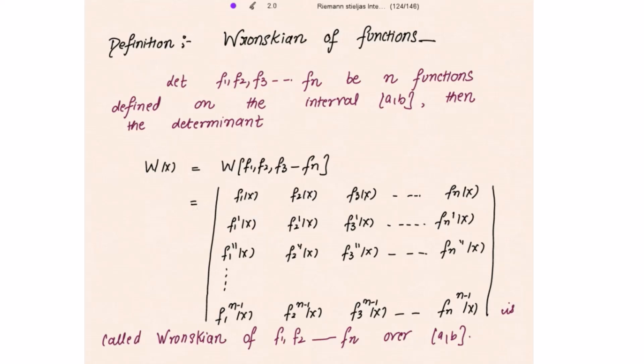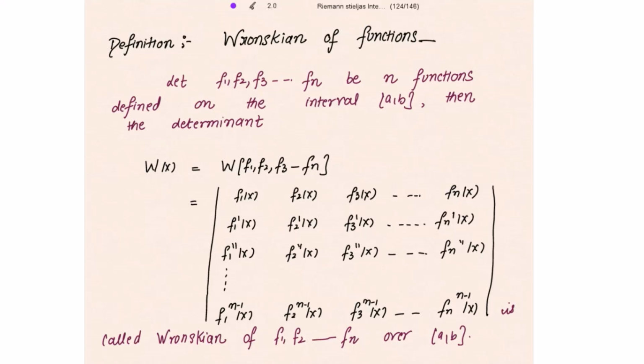In the first row, we have the functions f1(x), f2(x), f3(x) up to fn(x). In the second row, take the first derivative of all of them. In the third row, we have the second derivative of all these functions. Likewise going on, in the last row we have the (n-1)th derivative of all these functions. This is called the Wronskian of f1, f2 up to fn over the closed interval [a, b].